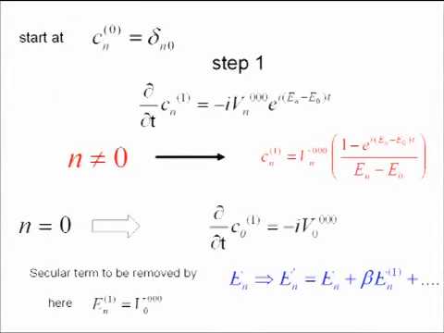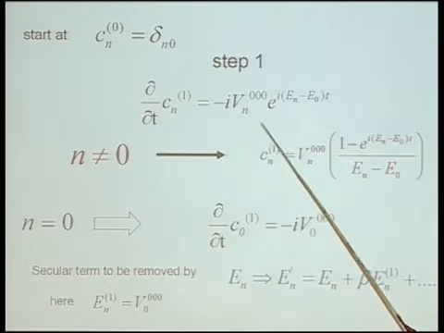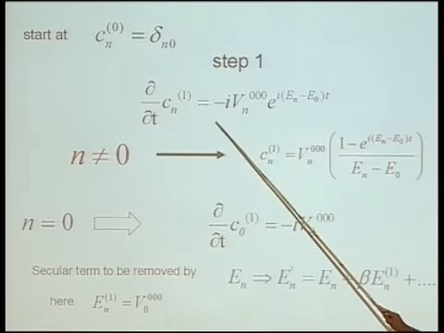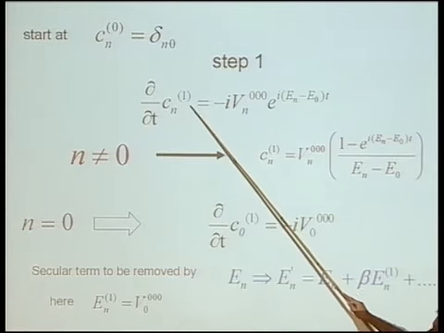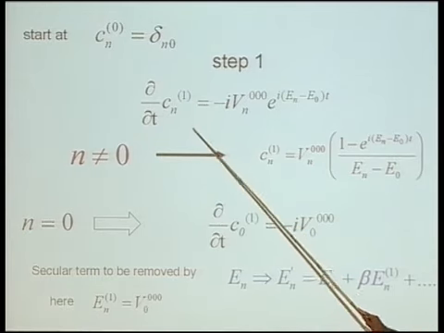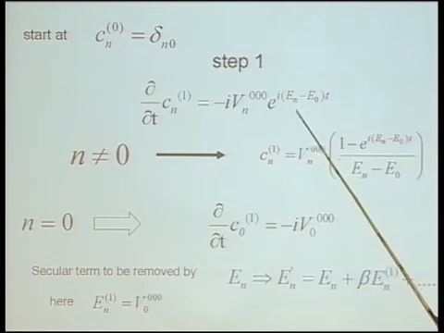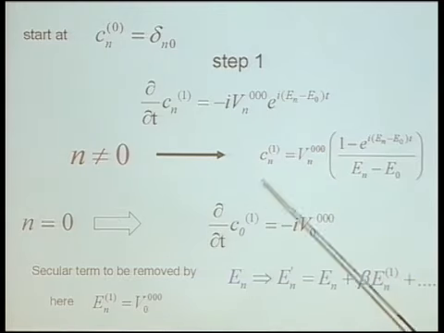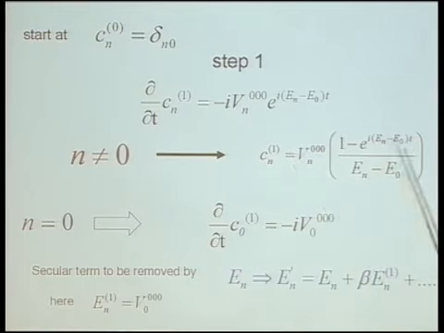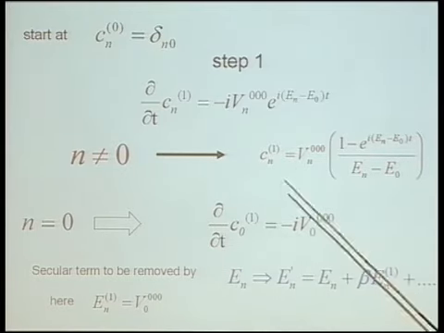Then I will show you the first step in this strategy. You write the equation for C1, that is the first order correction, and you get this differential equation that is trivial. For n not equal 0, you just integrate it and you get an answer. Then you will use it for the next step and so on.